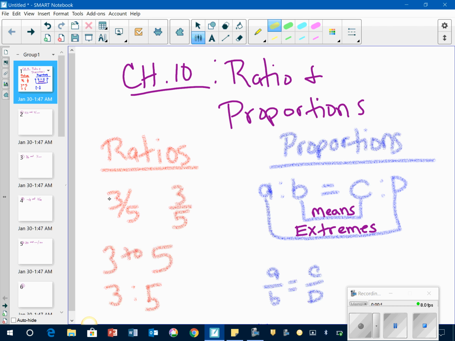It can be written as a fraction, which you have here, and then I turn it and put the fraction upward as well. You can use the word to, so 3 to 5, or you can use a colon, so 3 colon 5. 3 colon 5 means 3 to 5.